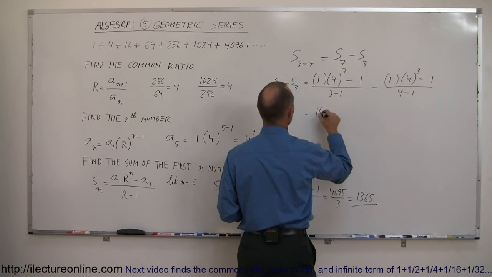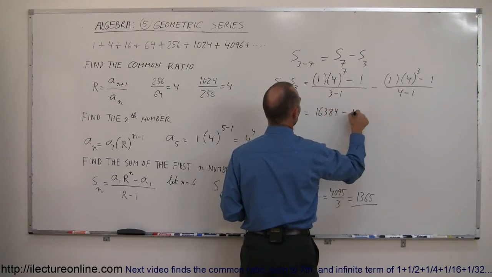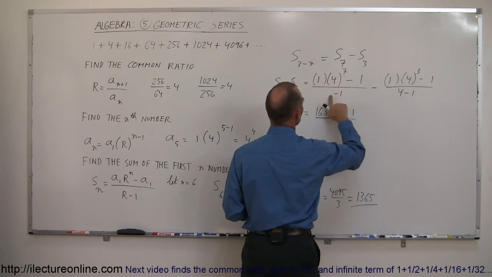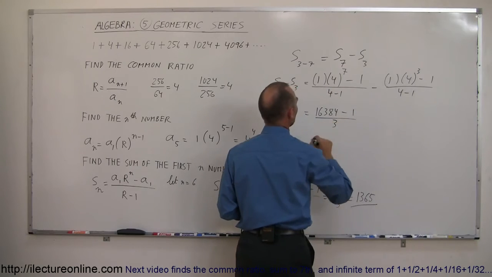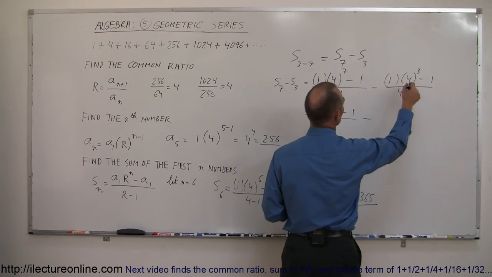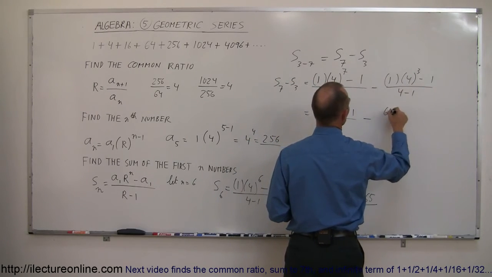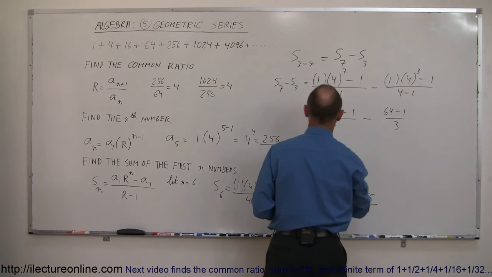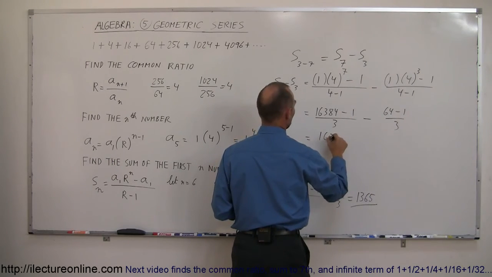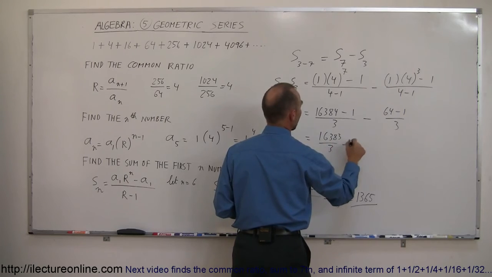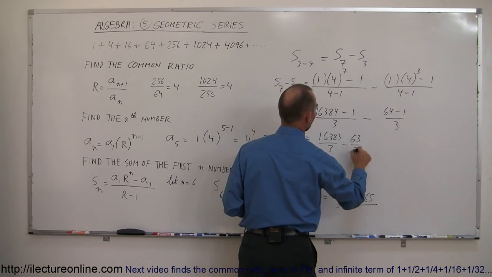So that's equal to 16,384 minus 1 divided by 4 minus 1, that is 3, minus 64 minus 1 over 3. So this is equal to 16,383 divided by 3 minus 63 divided by 3.